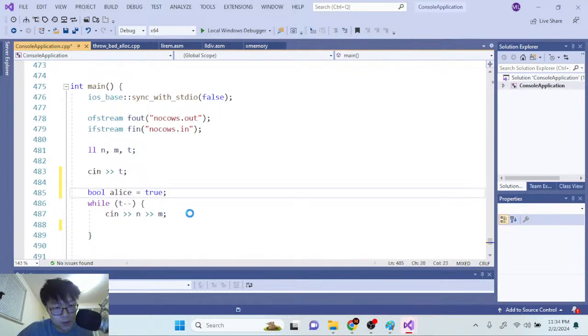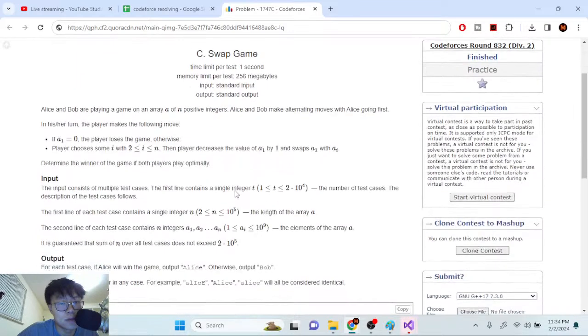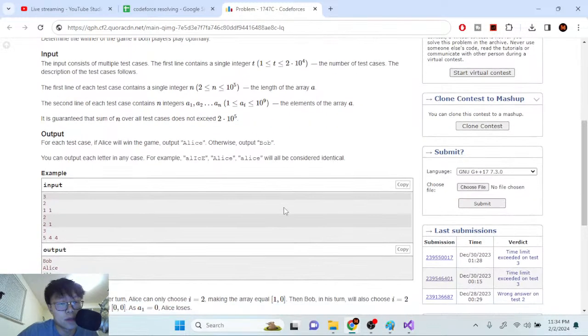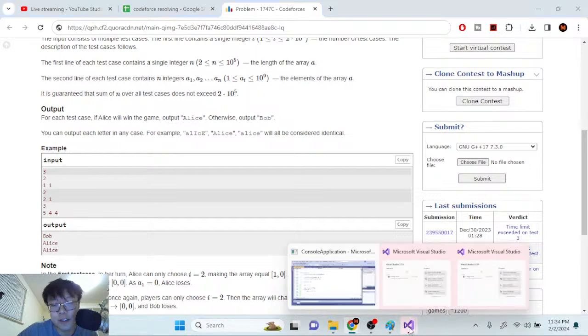That's our Boolean. And let's see. Okay, so what is the test case? We read in n and read in the size n. Okay, so that's not hard.